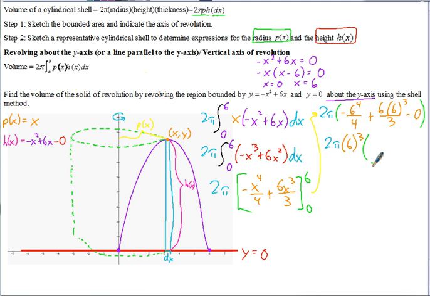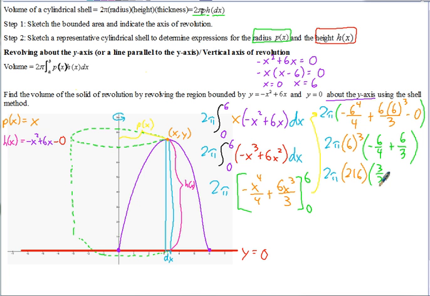And then what we'll be left with is negative, there'll be 1/6 left here over 4, plus there'll also be 1/6 here over 3. A little bit easier to work with. So we've got 2 pi times, well, 6 squared is 36 times 1 more 6 gives you 216.